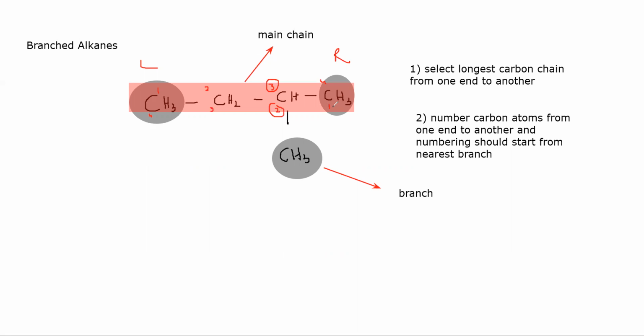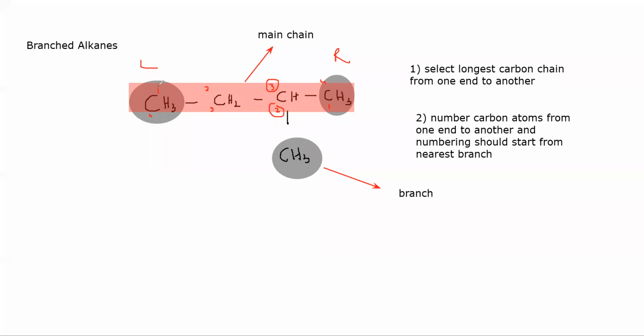It should be from the right, because the numbering should start from the nearest branch. So if I number from right, the branch is coming at 2. If I number from left, the branch is coming at 3. So it should be from right to left. Numbering should start from the nearest branch.